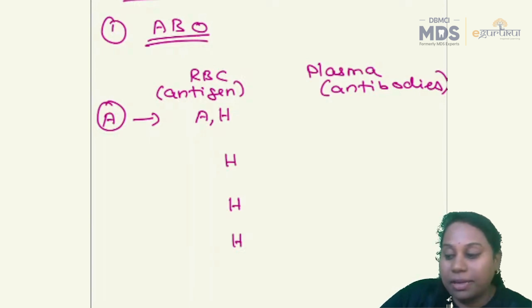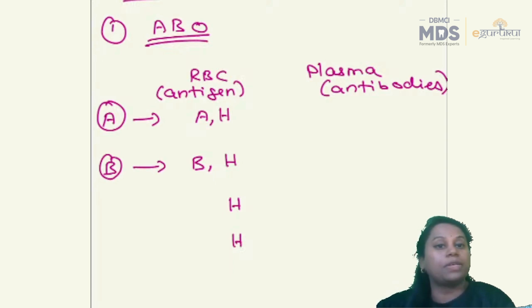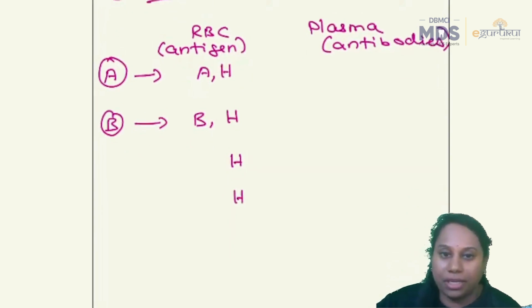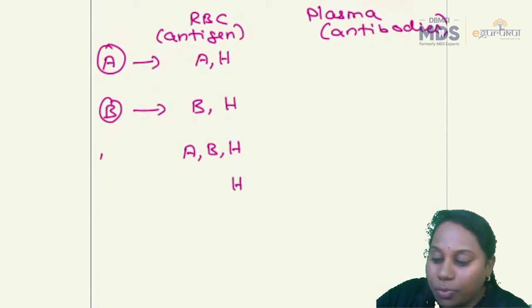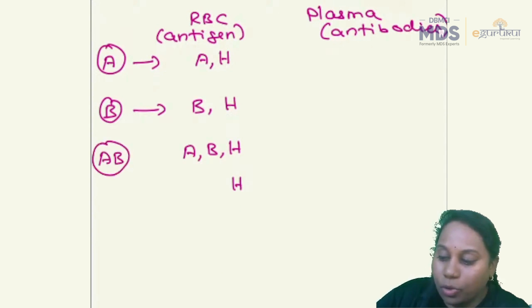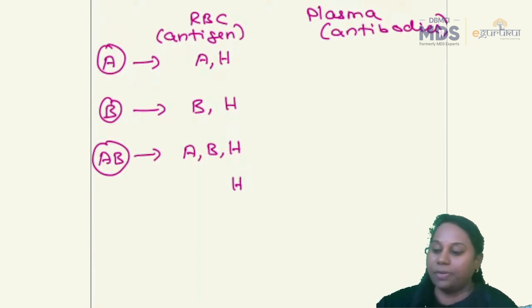If you have the enzyme which can convert H into B, then you become a B group person, who will have H antigen and B antigen. If you have both the enzymes, you can convert H into A and B. Now you become AB blood group, with H antigen, A antigen and B antigen.